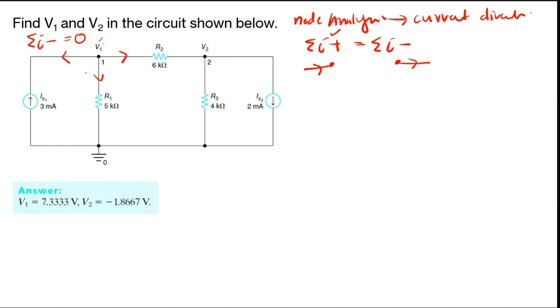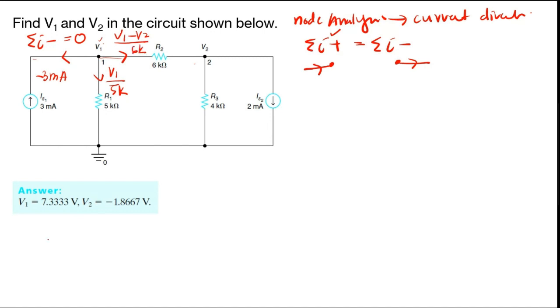For this direction, it already has 3 milliamperes, but it is in the opposite direction, so you can just put it here as 3 milliamperes. Then for these current directions, you will have V1 over 5K, and for this direction you have V1 minus V2 over 6K.